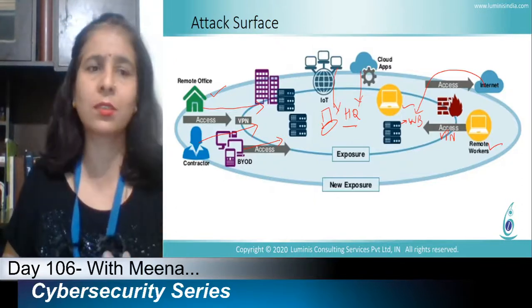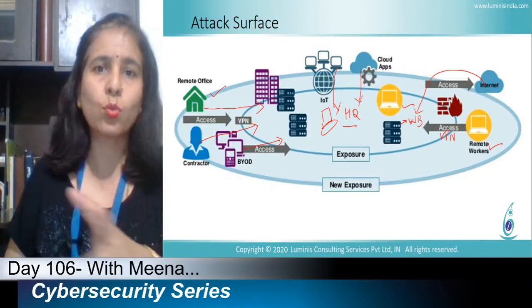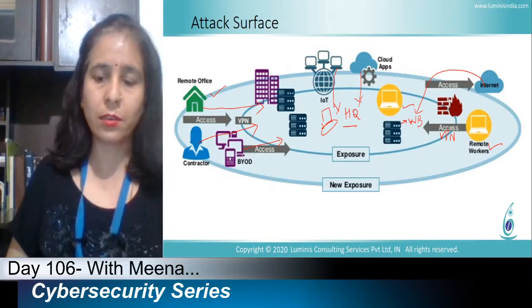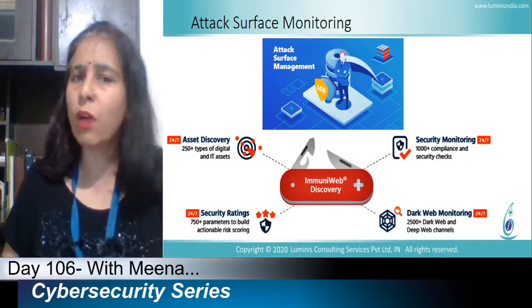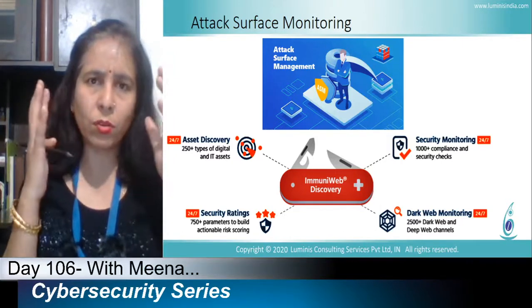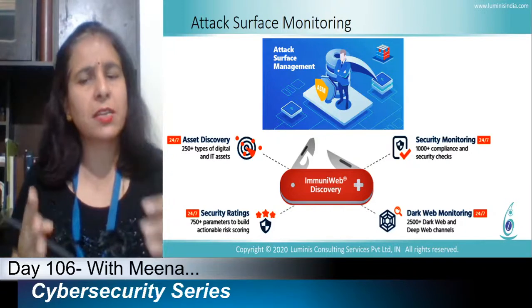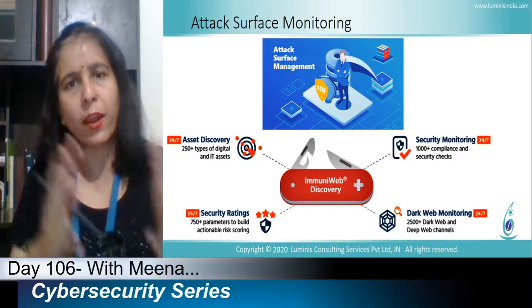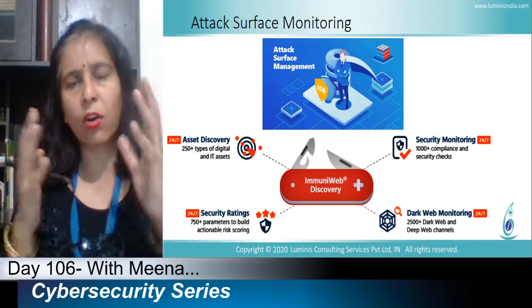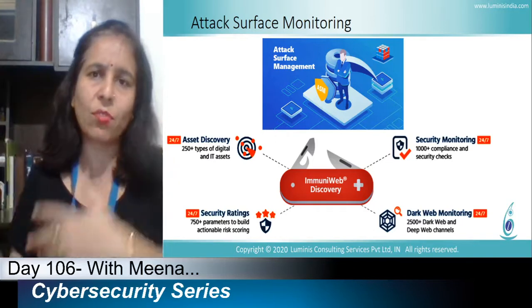You need to understand the ways hackers can come into our network, how we can monitor these things, and how we can find out the different attack points on our corporate network and on our data in the cloud.